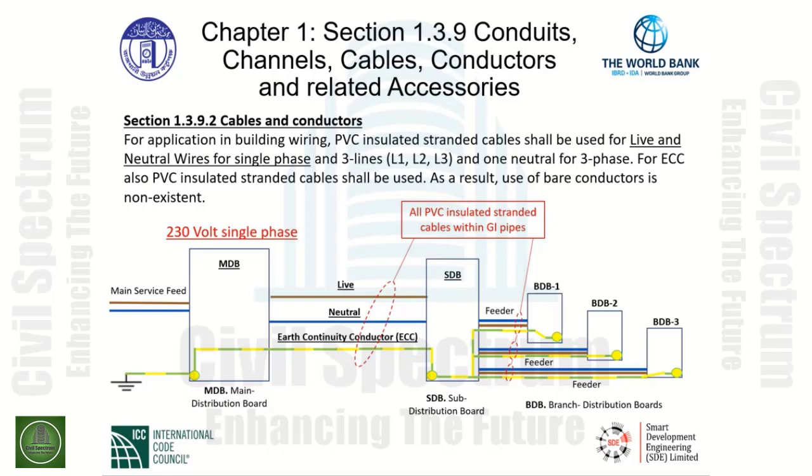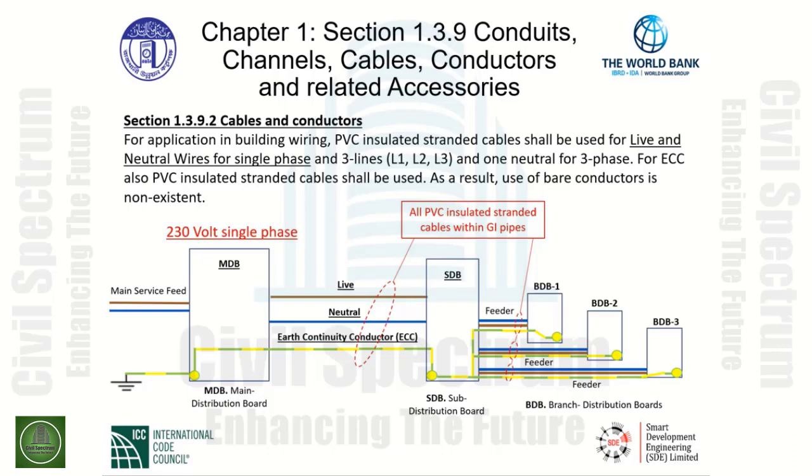For ECC, which is the earth continuity conductor, also PVC insulated stranded cables shall be used. As a result, use of bare copper conductors or any other type of conductors is non-existent and non-permitted.